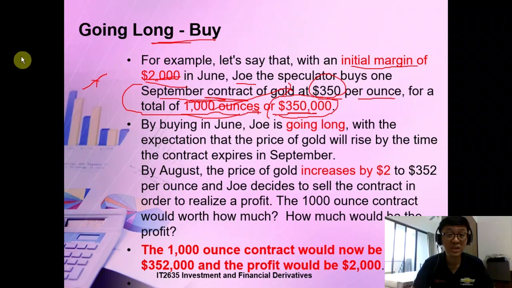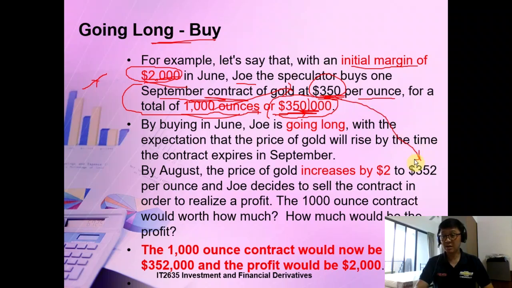You use only this small amount of money, and actually you're playing with big money. But the thing is, when the price drops, it might drop a lot more in comparison to your margin. Let's take a look. Let's say the gold price went up by just $2 from 350, merely $2.